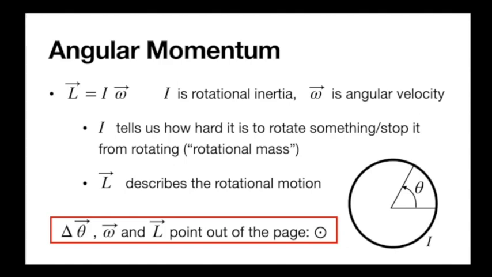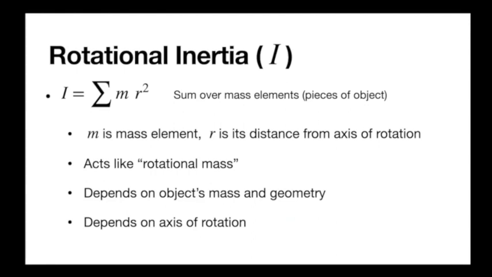Not much more we can say about it at this point. So let me tell you how to calculate rotational inertia. We do it by summing over the mass elements of an object. What I mean by that is, you can think of every object as made up of atoms, right?